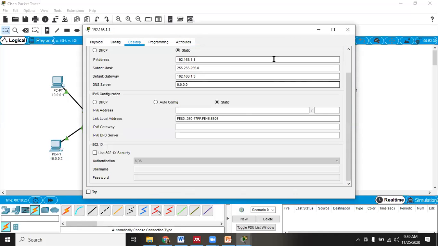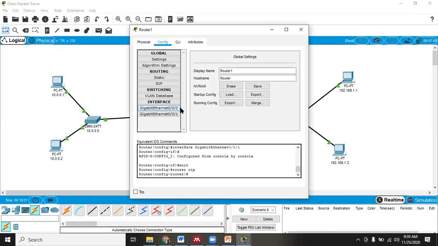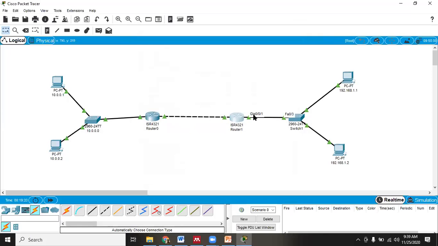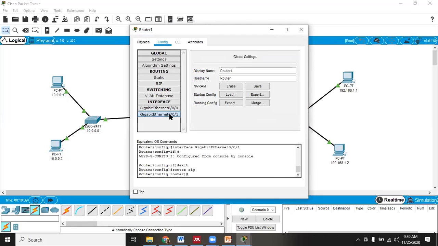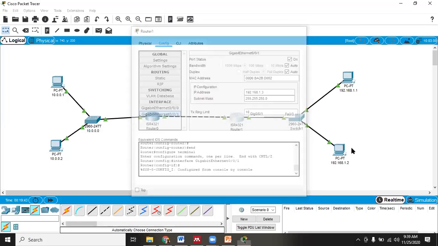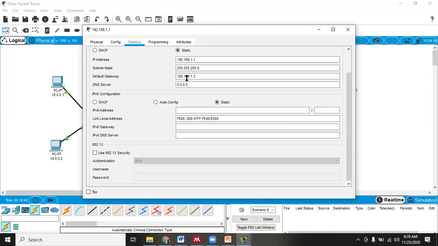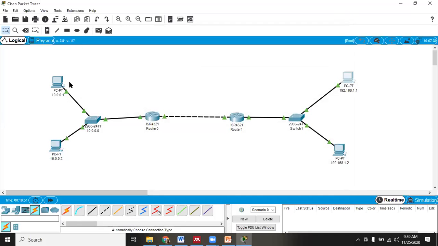Here we have set the gateway also, 192.168.1.3, and I am confirming that the same gateway has been used. For that we have to check the interface. This is the interface, and 192.168.1.3, this one is correct, and 192.168.1.3, this is also correct, right?